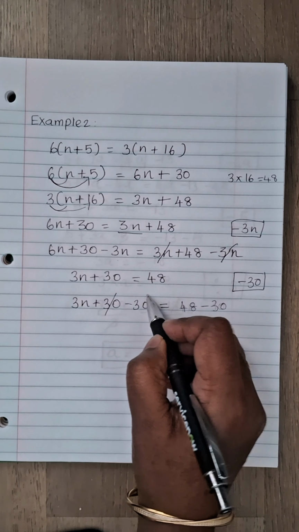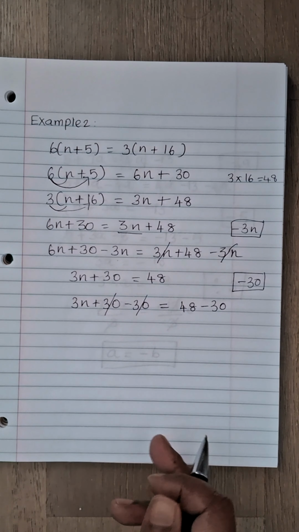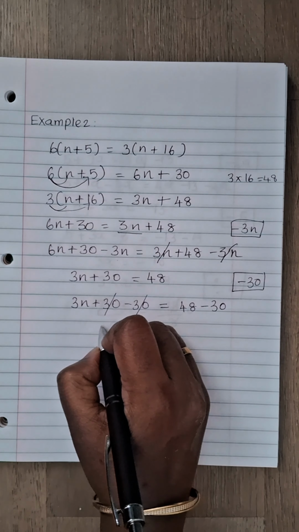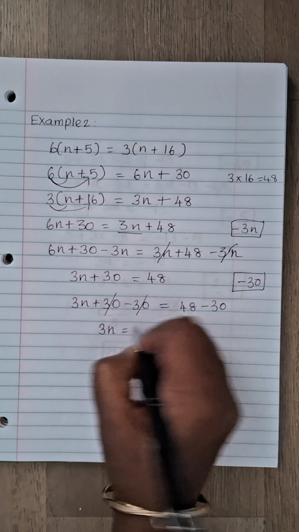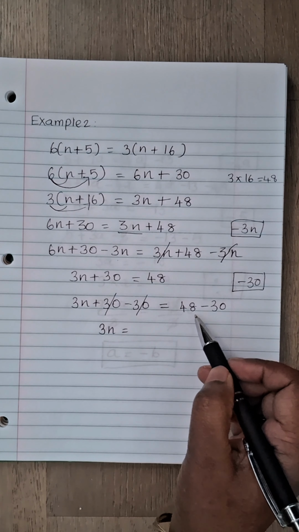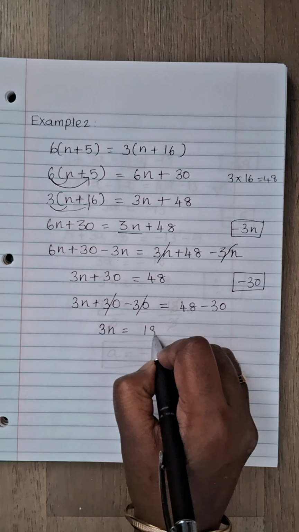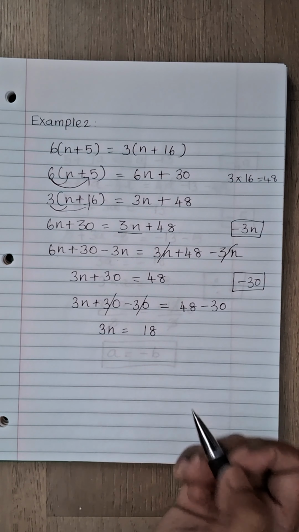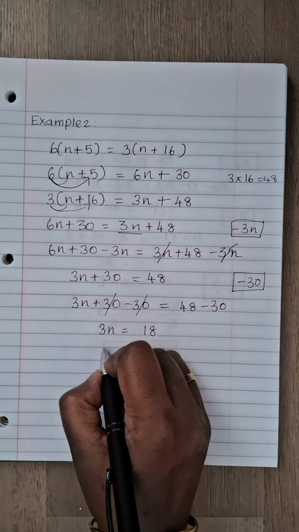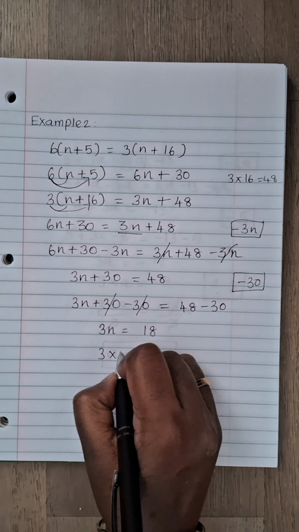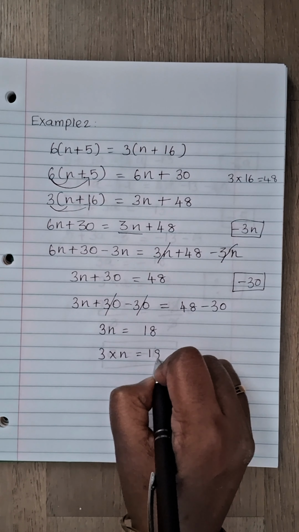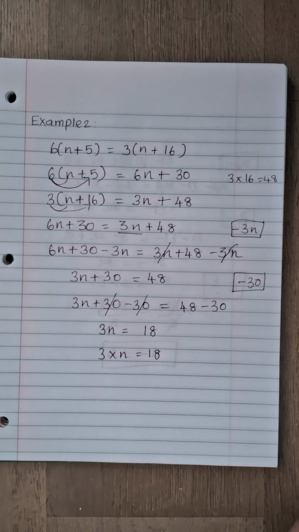This 30 and this 30 will cancel; plus and minus will cancel. 3n is equal to 48 minus 30, which is 18. 3n is equal to 18. That is 3 multiplied by n is equal to 18.